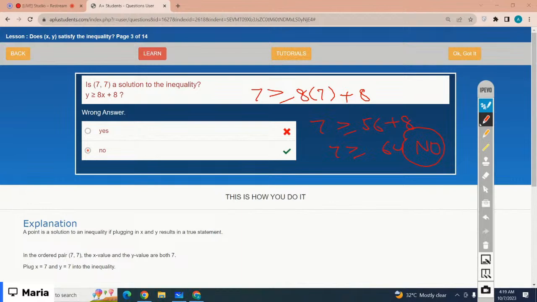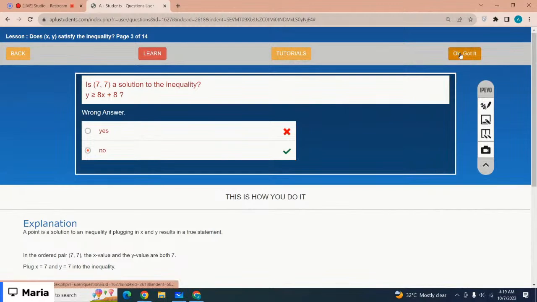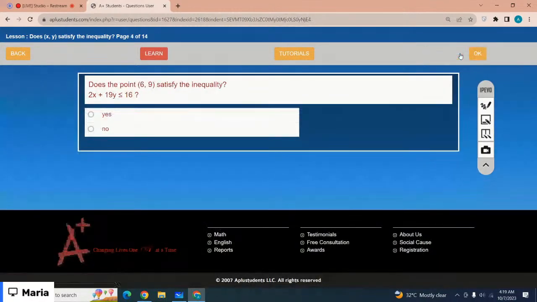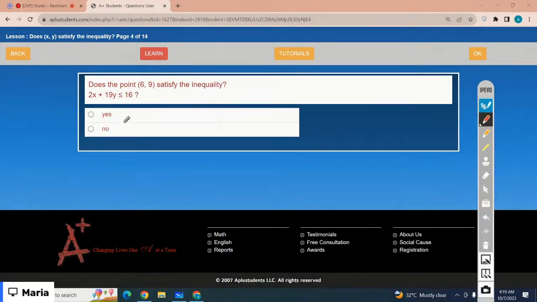Okay, so let's just see the next one. Does the point (6, 9) satisfy the inequality? Okay, let's see. x is 6 and y is 9. 2 times 6 plus 9 times 9 is 12 plus 81, that is 93, less than 16?